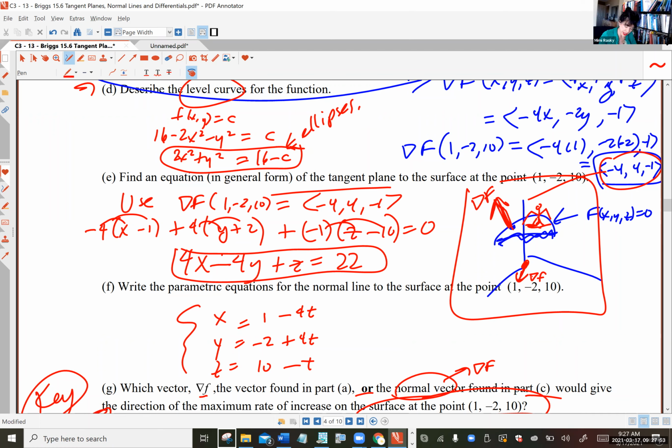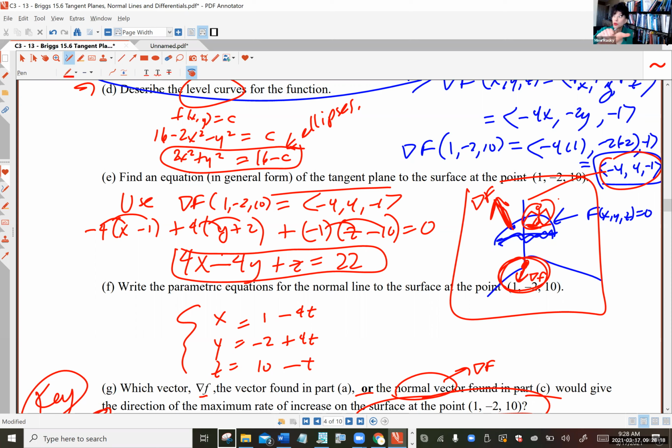What you're doing here, your little del F, remember, is a 2D vector. So imagine, even though you're standing up here on the 3D surface, you hold out your hand flat, and put a compass in it. You can think of it as a 2D vector because it's flat in your hand.